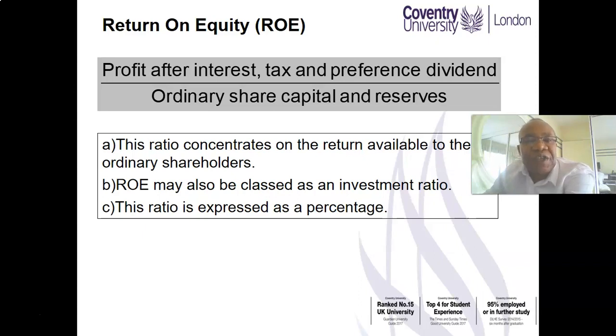Hence, we take the profit after tax less dividends, divided by equity, equity being ordinary share capital plus reserves. This ratio concentrates on the return available to the ordinary shareholders. It may also be classed as an investment ratio because the ordinary shareholders are investors in the company. And of course, this ratio is expressed as a percentage by multiplying the calculation by 100.